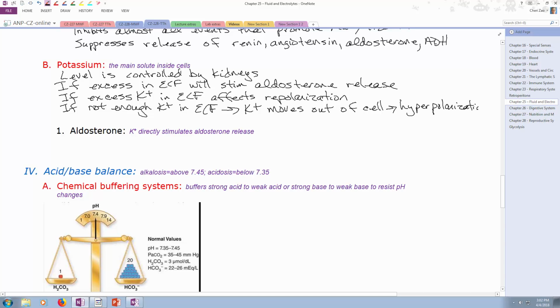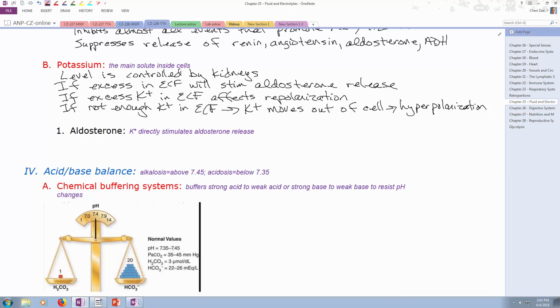The reason potassium is moving out of the cell is because if it's low outside the cell, we can let the cell have a little bit of our intracellular potassium to help normalize or stabilize potassium levels outside of the cell in the extracellular fluid and therefore in the blood plasma.